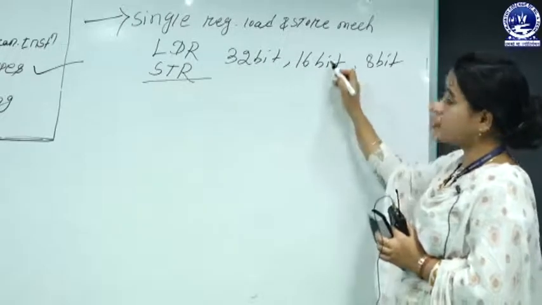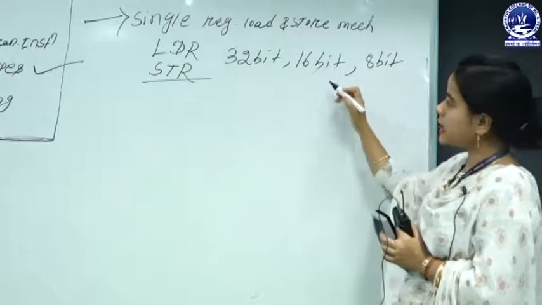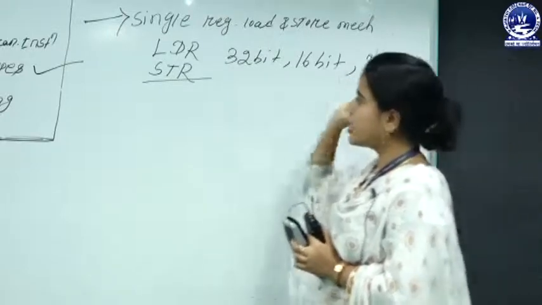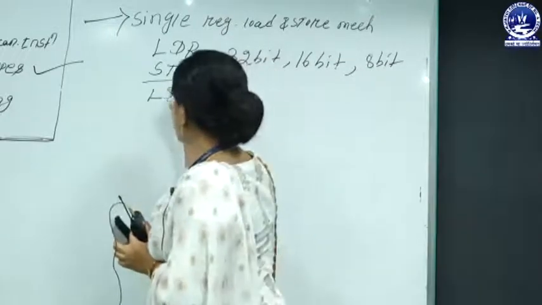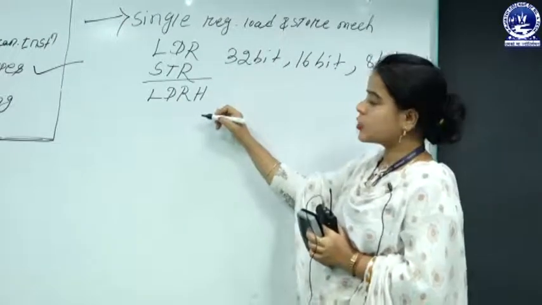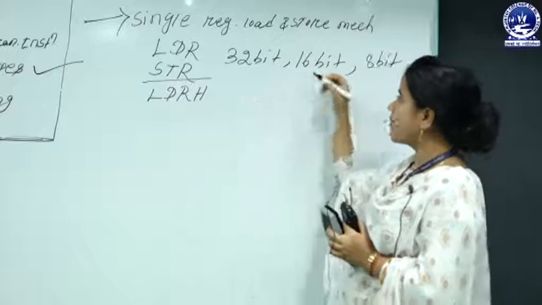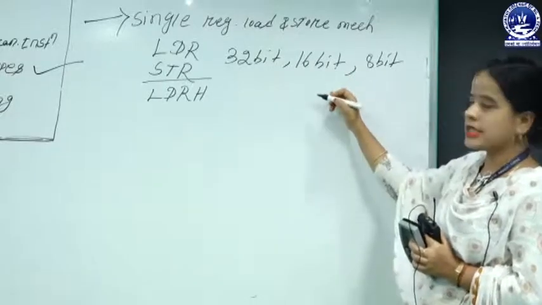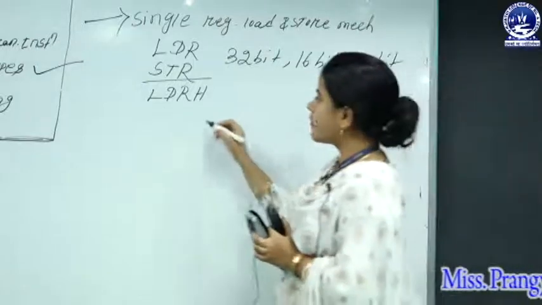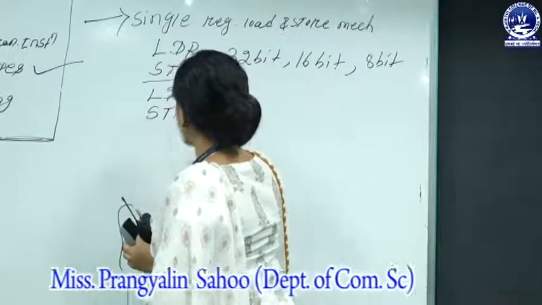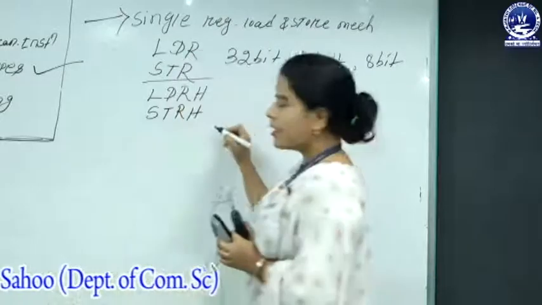Whenever the program needs to store data in 16 bit or half word format, the opcode is rewritten as LDRH. H means half word, whose range is 16 bit. Okay. For data storing in half word format, the opcode is rewritten as STRH.